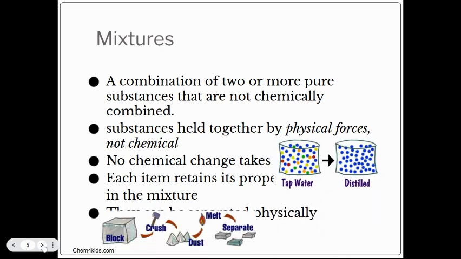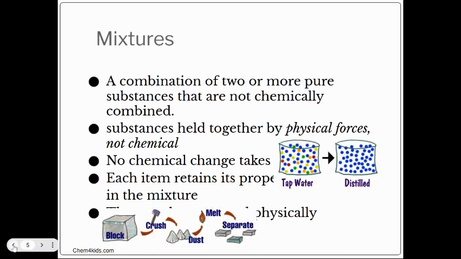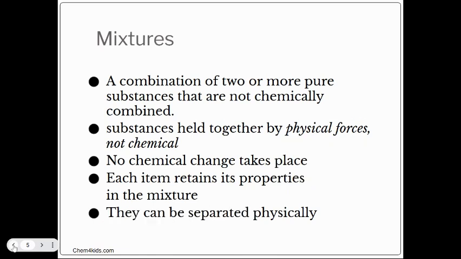All right, so mixtures are a little different than compounds and elements. They are not pure because they are a combination of two or more pure substances in one place at the same time. They are mixed together. They are held together by physical forces, not chemical forces. So no chemical change takes place when you put them together.